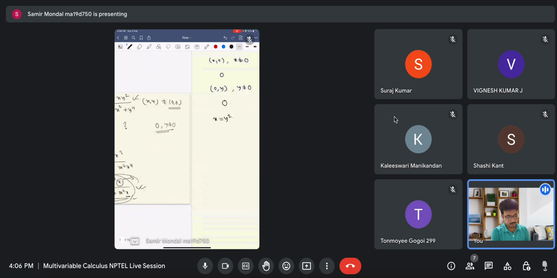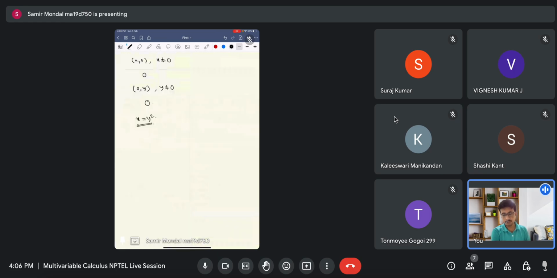But if someone chooses this path x equal to y square, then what will we get? Y square into y square, so this is y to the power 4, after that y to the power 4 plus y to the power 4, is it? So we are getting half.